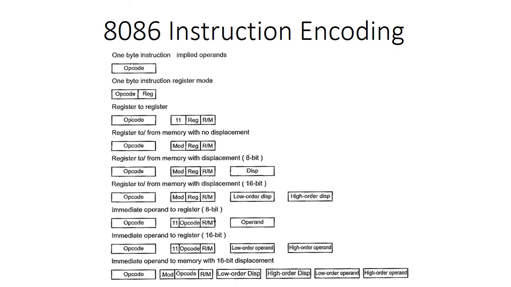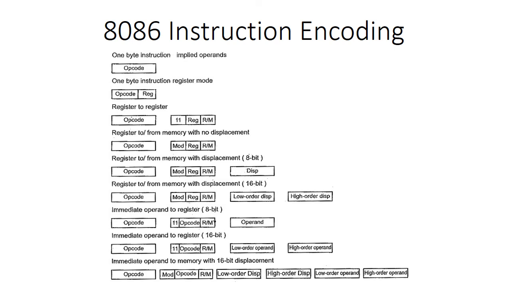The illustration shows the different possible instruction formats found in the 8086 instruction set. All the instructions have at least an opcode byte. In 1-byte instructions, either the operand is implied or there is a 3-bit field in the opcode byte to specify the register to be operated on.